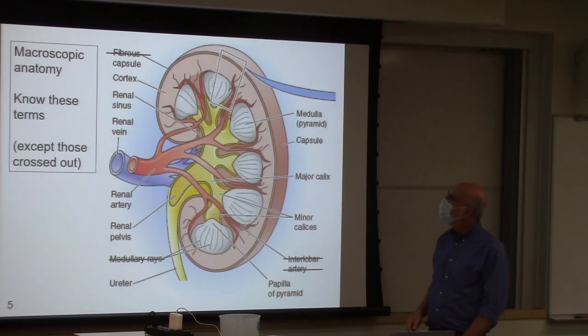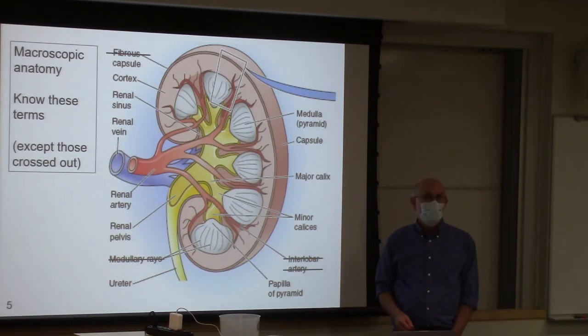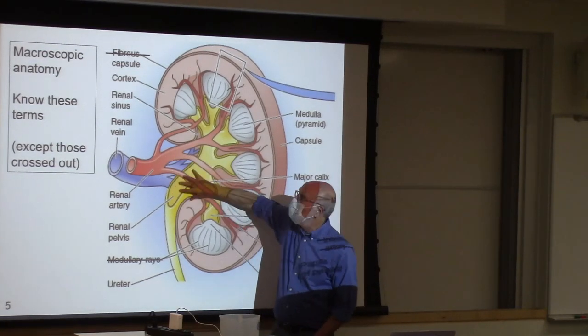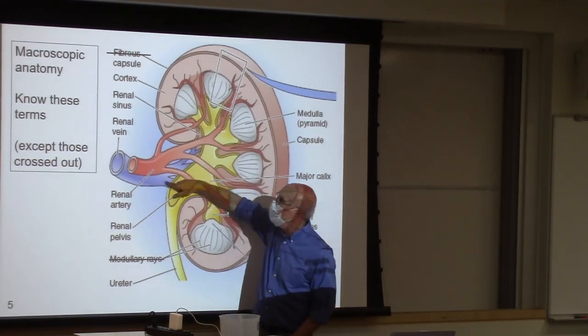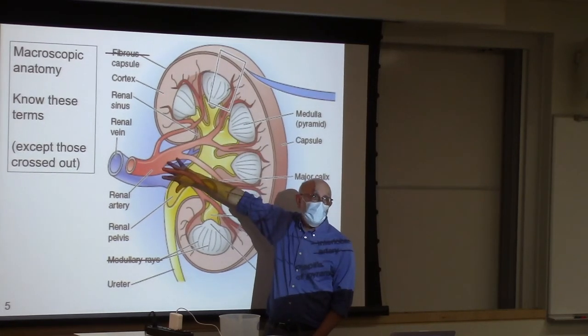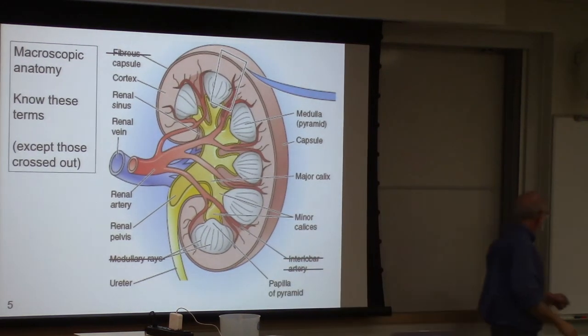So I think everything on this slide is fair game for an anatomy labeling exercise. This structure here, the tubes, the blood going in, the blood coming out, and the urine coming out, has a name, and it's called the hilum, the renal hilum, H-I-L-U-M.